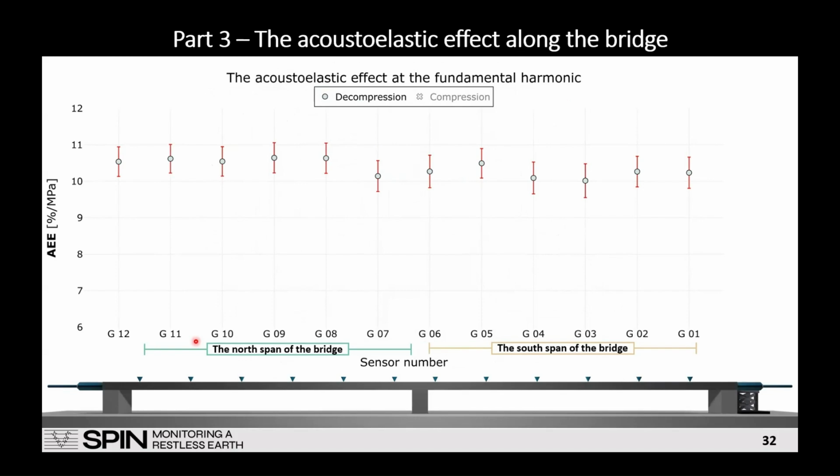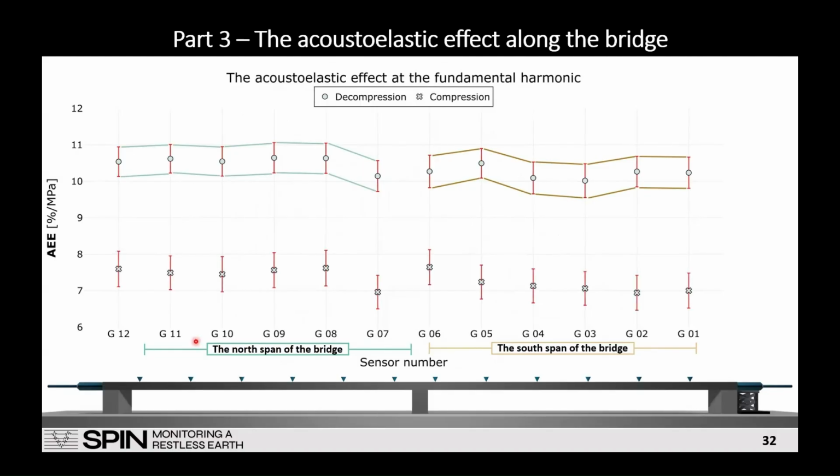So those are the slopes obtained for the compressive stage, and broadly speaking, it is still a bit unclear, but to some extent we can observe that the acoustoelastic effect is lower in the south span of the bridge than in the north span, and this is what happens when we compress the structure again.